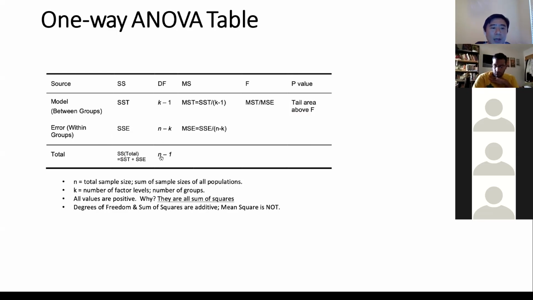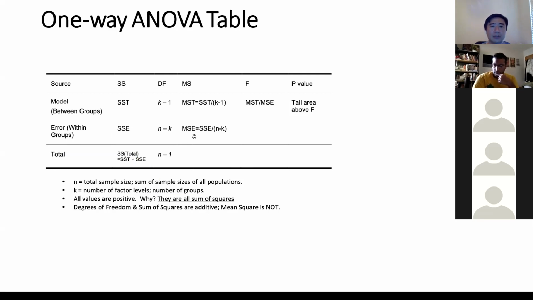The reason is you have N minus 1 for the total, where N is the total sample size, and N minus 1 minus K minus 1 ends up being N minus K degrees of freedom for the error term.